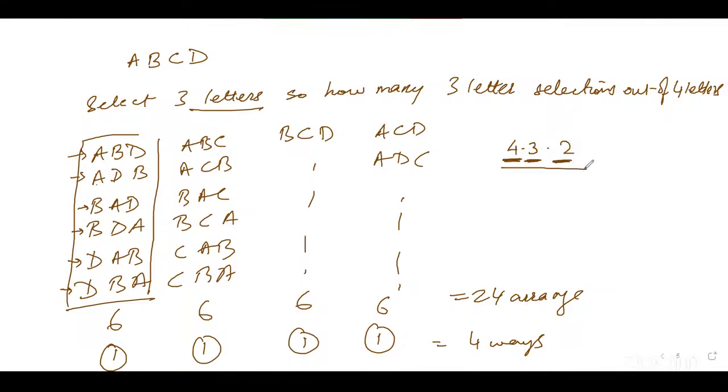So because you're selecting three letters, you divide it by 3 factorial. And what is 3 factorial? It is 6. So as you can see, there's a duplication, or you could say the arrangement is repeating 6 times, and therefore you're dividing it by 6.